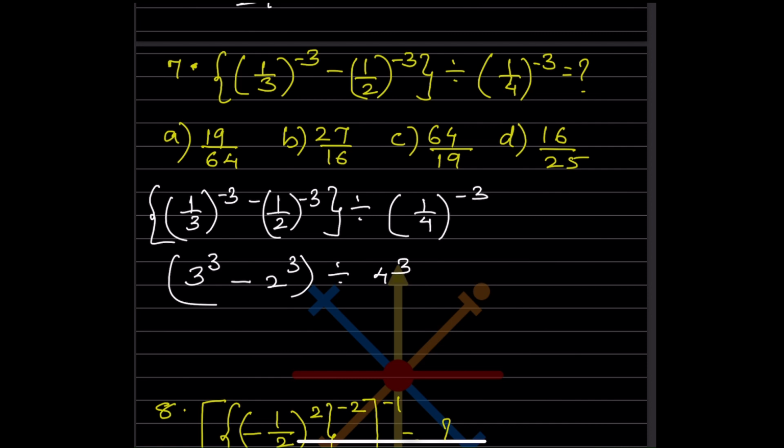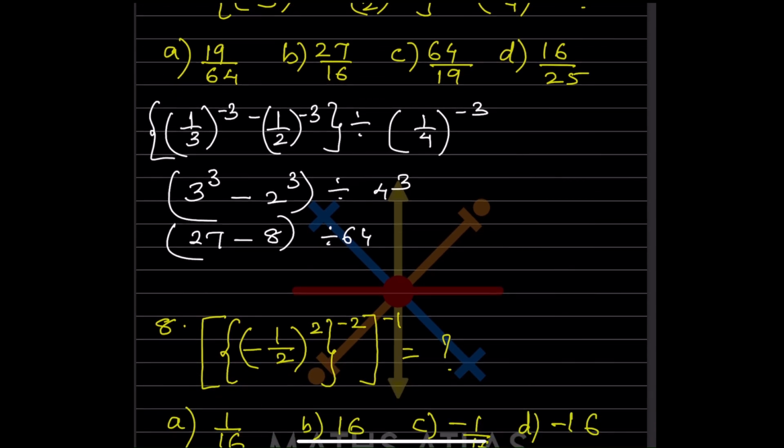So 3 3s are 9, 9 3s are 27, and this is going to be 8, 2 cube is going to be 8, and divided by 64. So what will you get here? So this is going to be 19 divided by 64. So you can also write here 19 divided by 64, and the option is A.